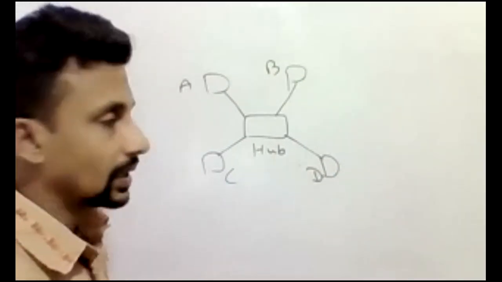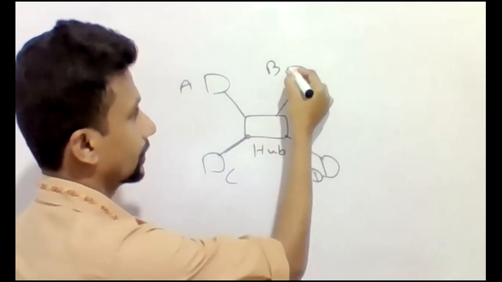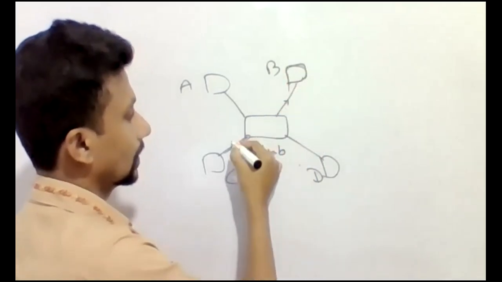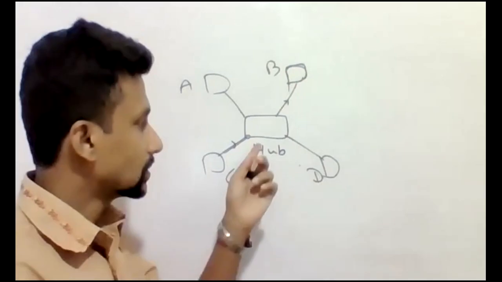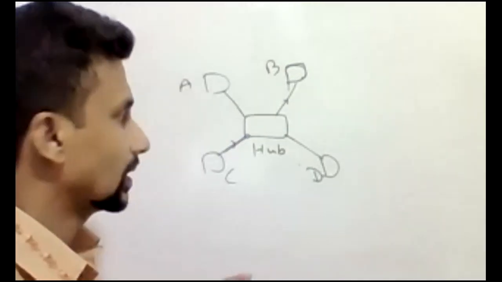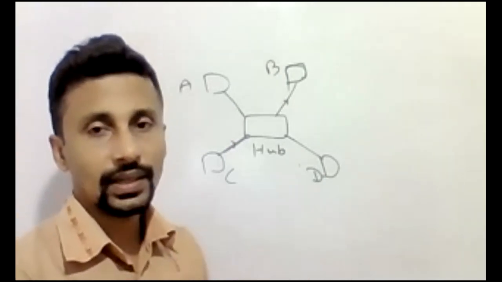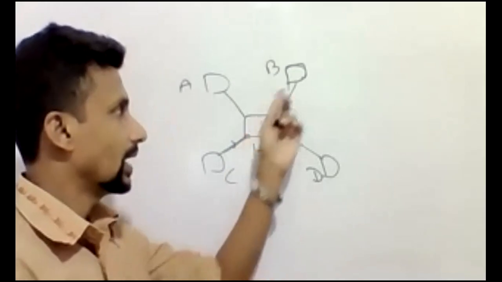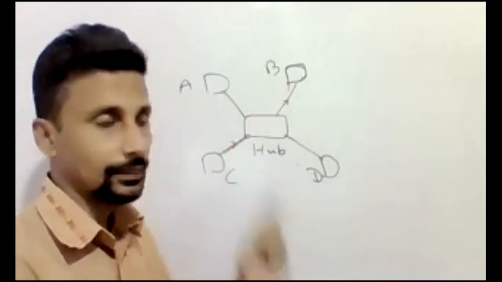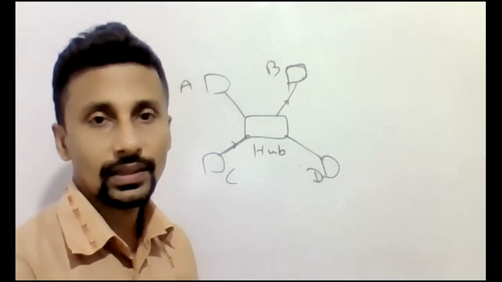Now computer C needs to send data through this hub to B. But when it comes to the hub, it can't identify. There is something called an IP address, a MAC address. We'll be discussing them, not related to that. But somehow they are identifying the computer. And this hub cannot identify which computer needs to get the data.